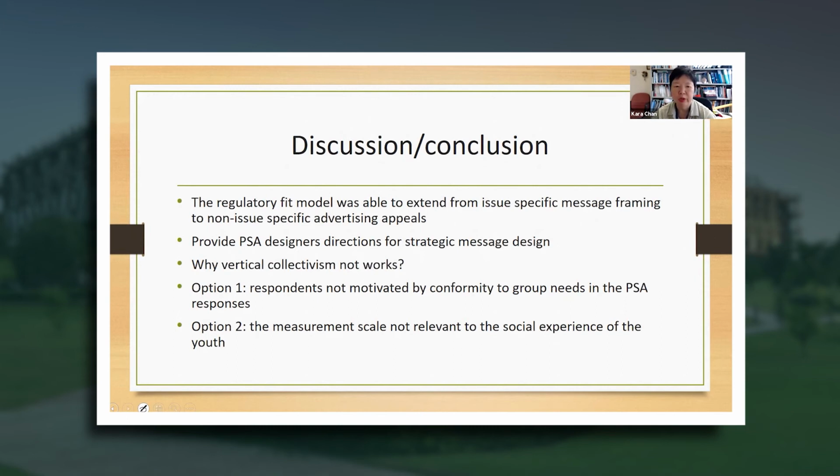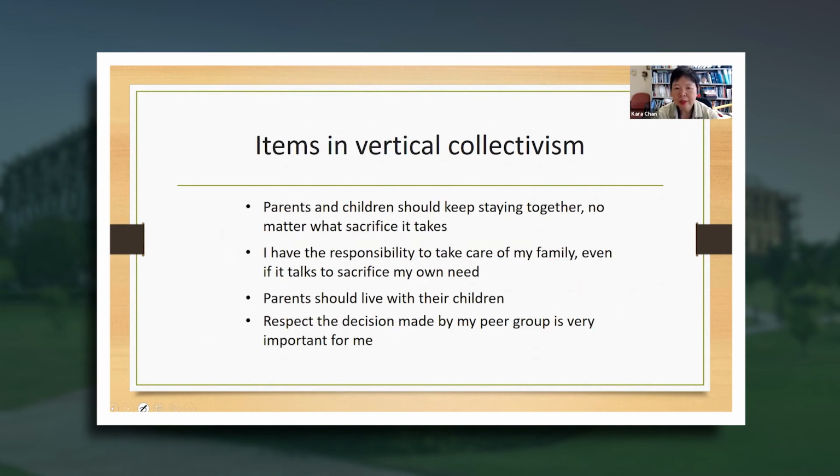I'm going to demonstrate it. These are the items in vertical collectivism. Parents and children should stay together. I need to take care of my family, even if it means sacrificing my own needs. Parents should live with their children.